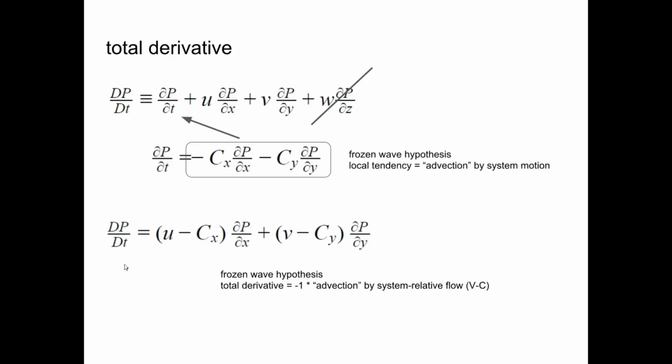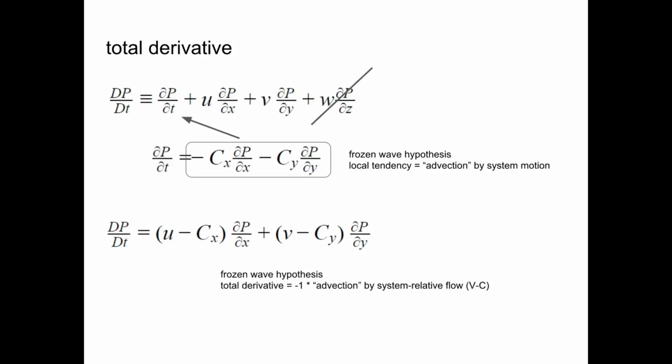And basically approximate the total derivative as this modified advection, where we're doing the advection by the system relative flow, basically V minus C, where V is the wind, right? It has u and v components, and then C is the system motion vector, which has c sub x and c sub y components. And I mean, this is advection times -1.